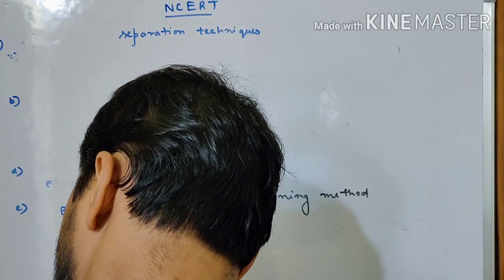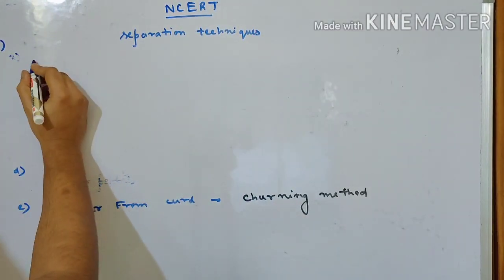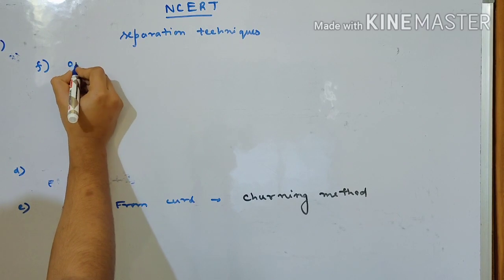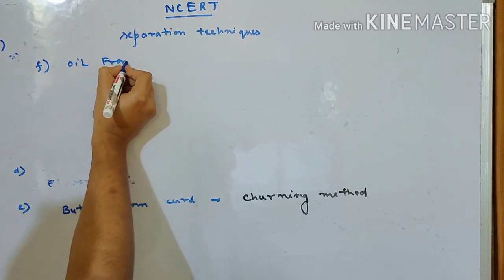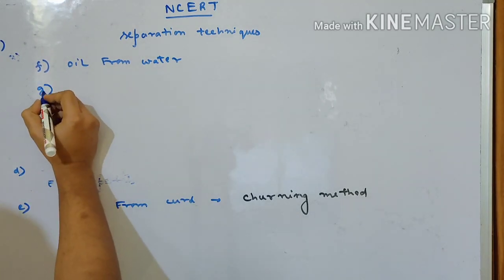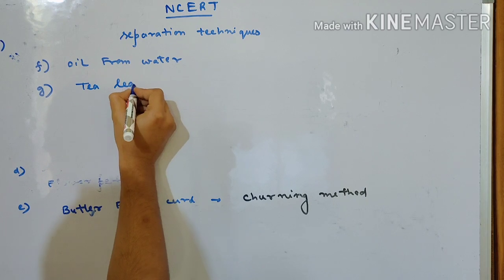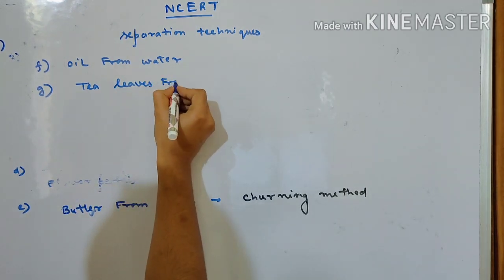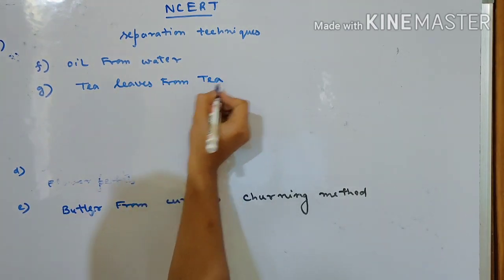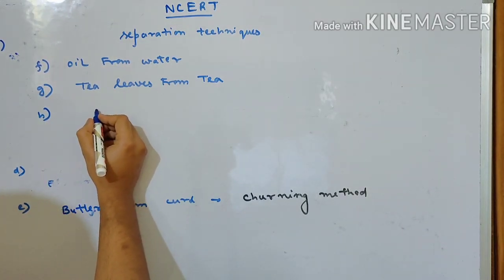Next one we have is oil from water. Then we have tea leaves from tea. Then we have iron pins from sand.